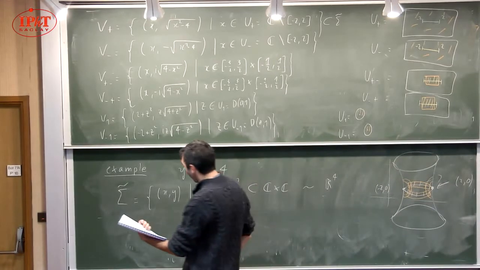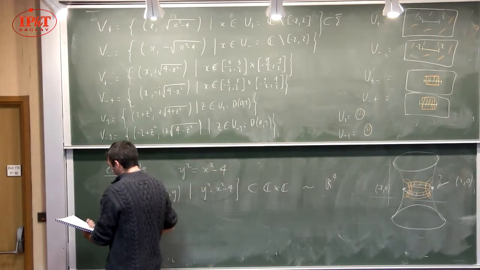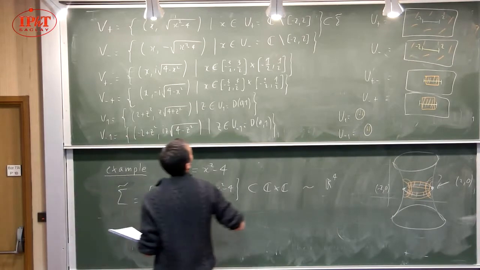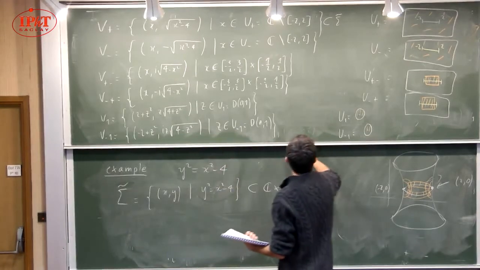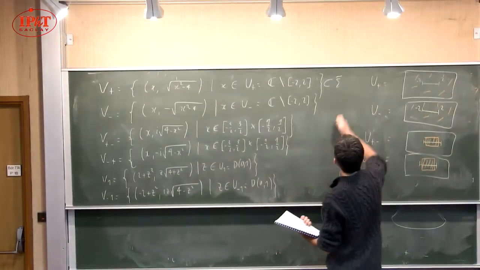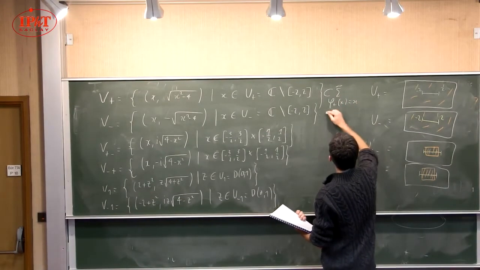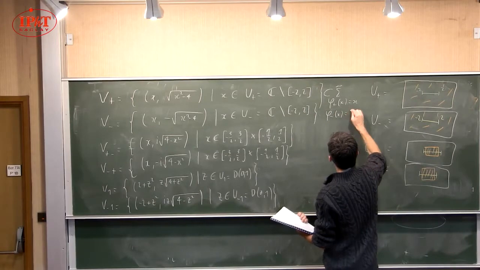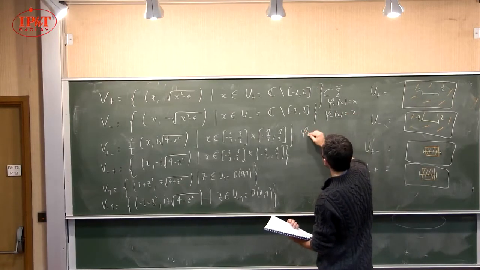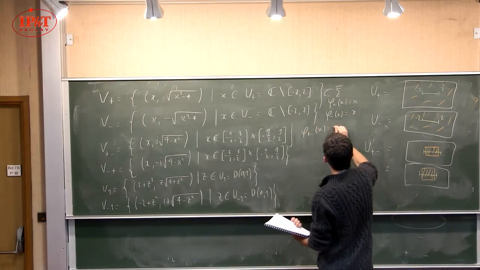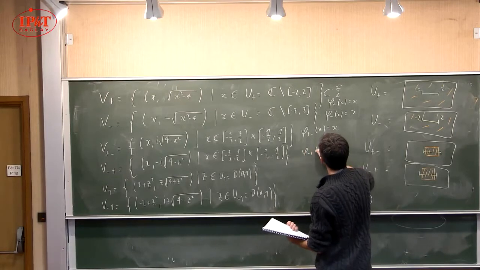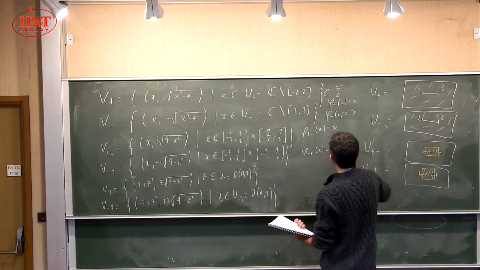And the transition maps, oh sorry, I forgot to say what the phi's are. Phi plus of x equals x, phi minus of x equals x. These are easy. Phi plus minus of x equals x, phi minus plus of x equals x.